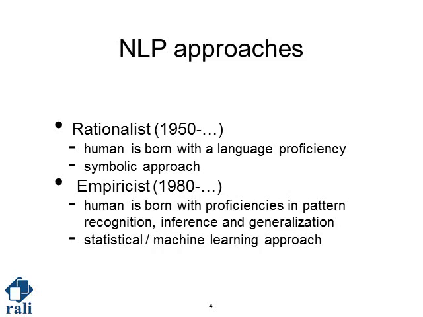This approach is the first step in AI. AI more or less started with symbol manipulation, with people like Simon and many others, and it is still going on. But at the same time, there were other people who said that's not really the way, that people are not necessarily born with a language capability.